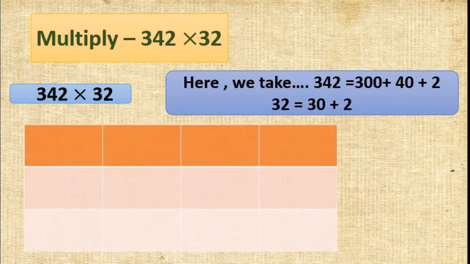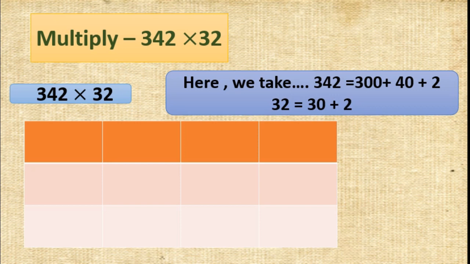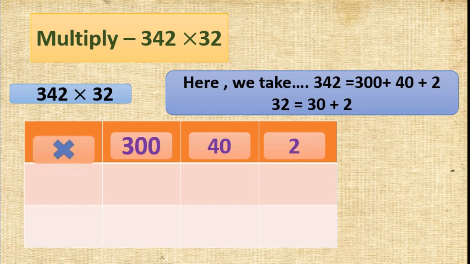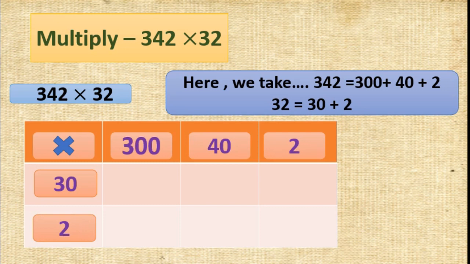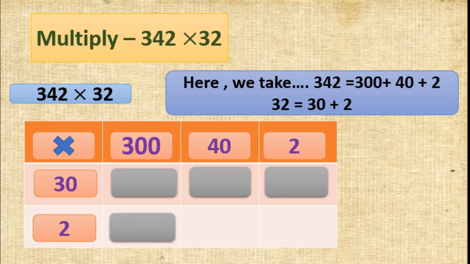So we will make a table and write here 300, here 40, here 2. Here the multiplication sign, and again here 30 and 2, isn't it? Now first we will multiply all these three numbers by 30. Then we will multiply these three numbers by 2, isn't it?